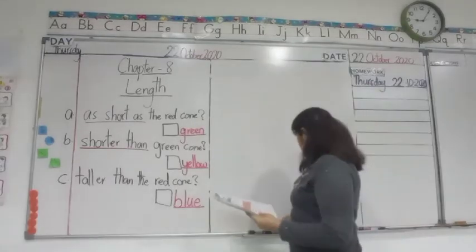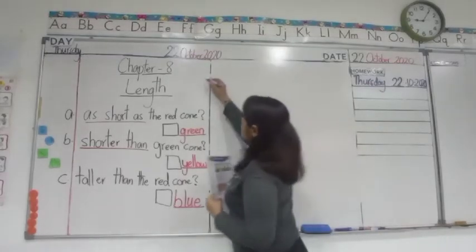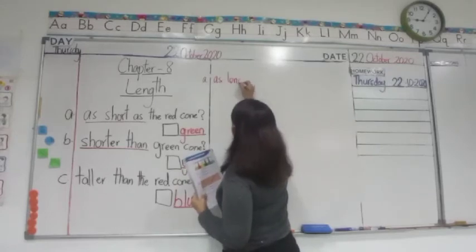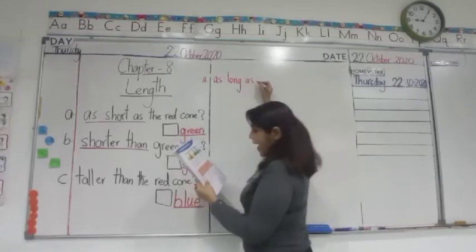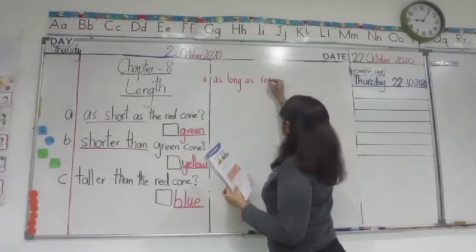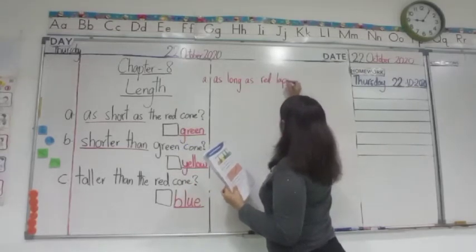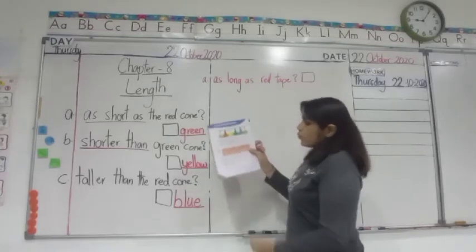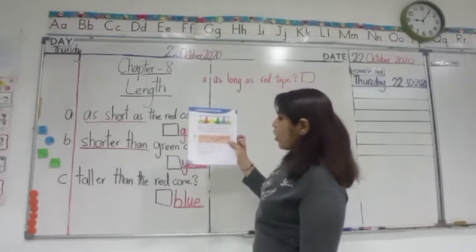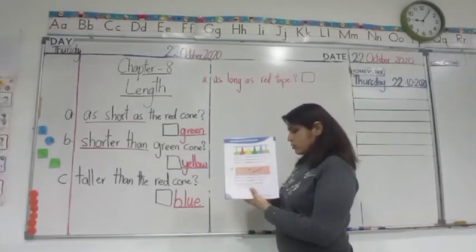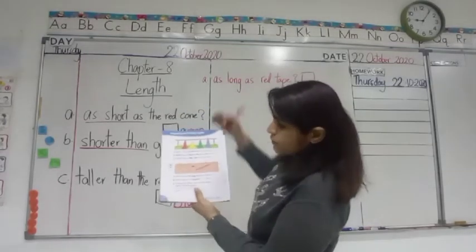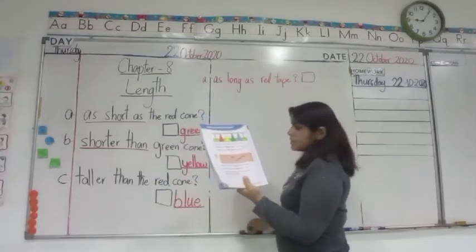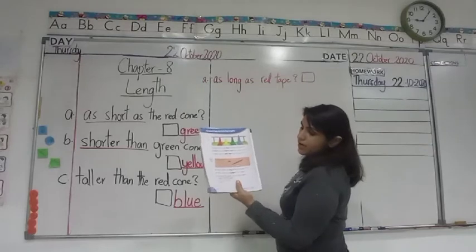Which tape is as long as the red tape? As long means same height or same length. I don't see the red tape being too long. It's very tiny. So, which other color tape looks the same, tinier as the red one?